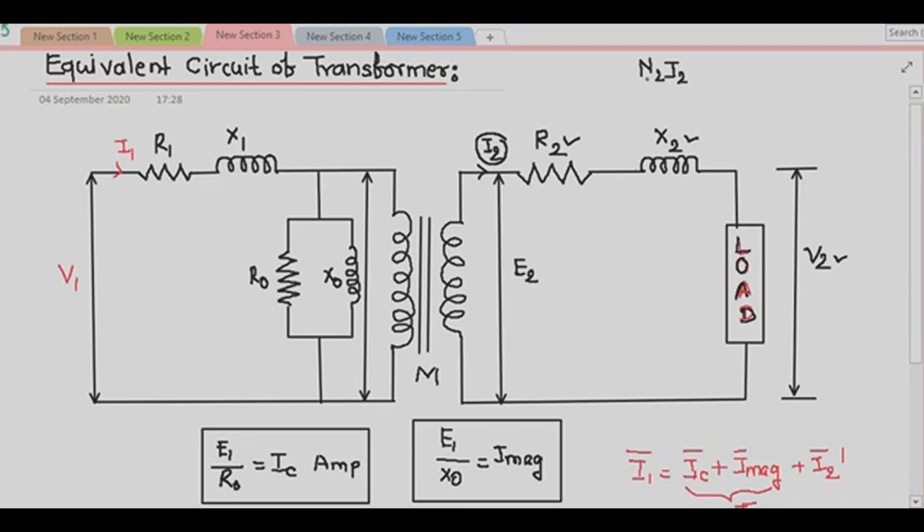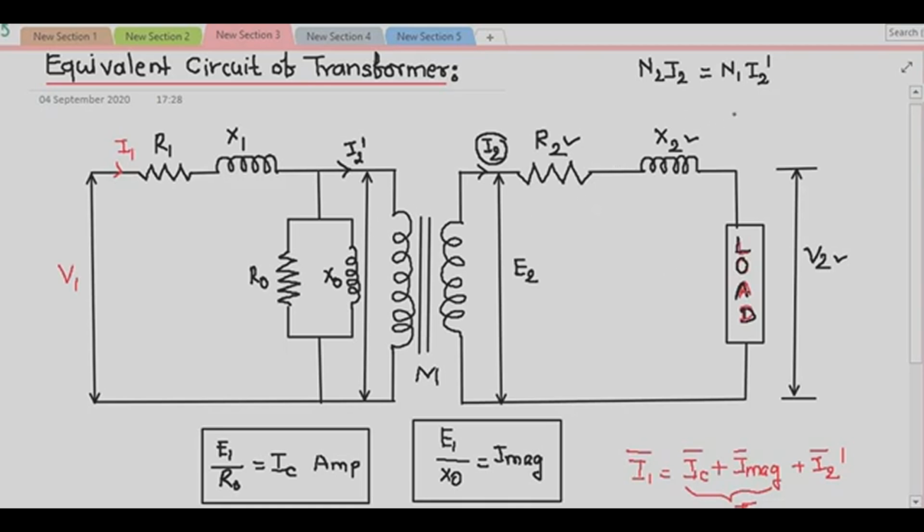To neutralize the demagnetizing effect of the secondary current, the primary will draw some additional current I2 dash, in anti-phase with I2, such that N2 I2 is equal to N1 into I2 dash. So, the MMF produced by the secondary current gets neutralized by N1 into I2 dash.